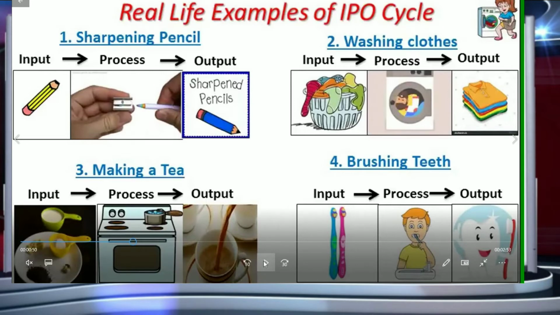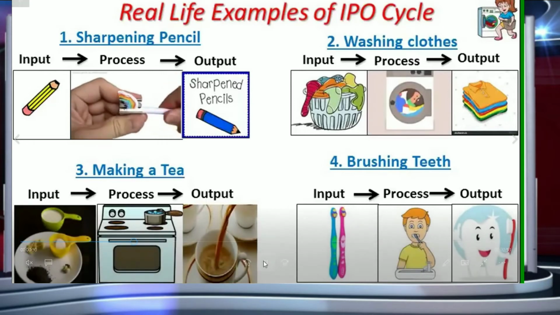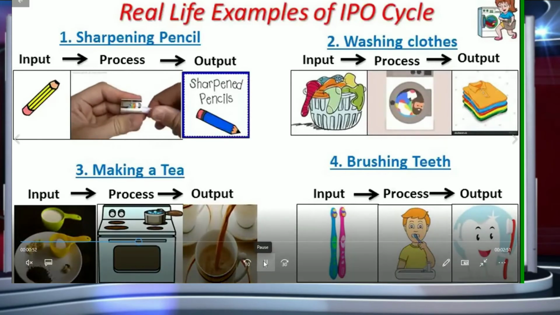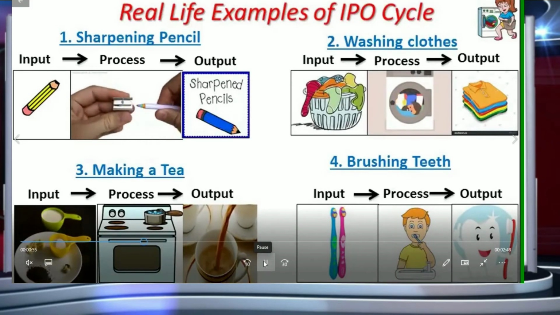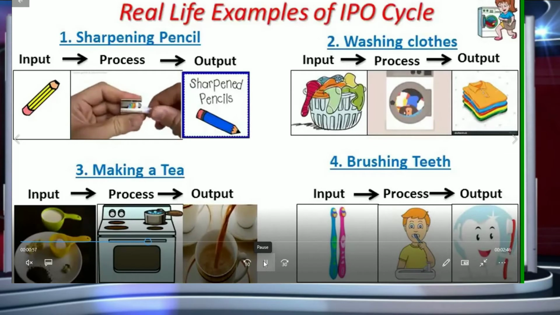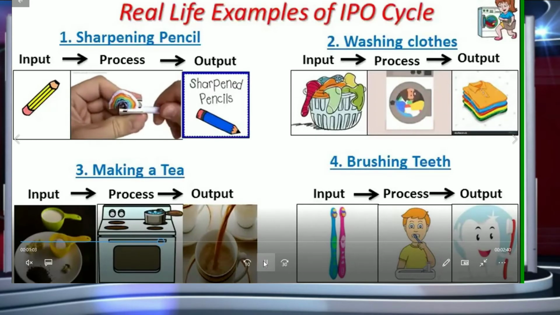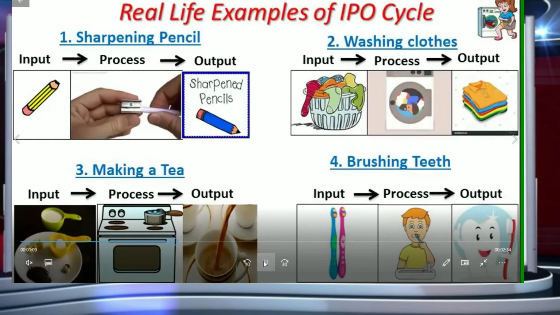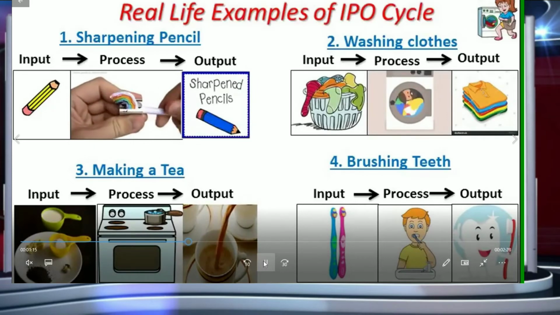Then the third example, we have making tea. So what input do we want to make tea? It is milk, tea leaves, sugar, water and maybe other ingredients. Then processing is the boiling, the whole process, and then you get the tea prepared and that's called the output. Brushing teeth is another example.